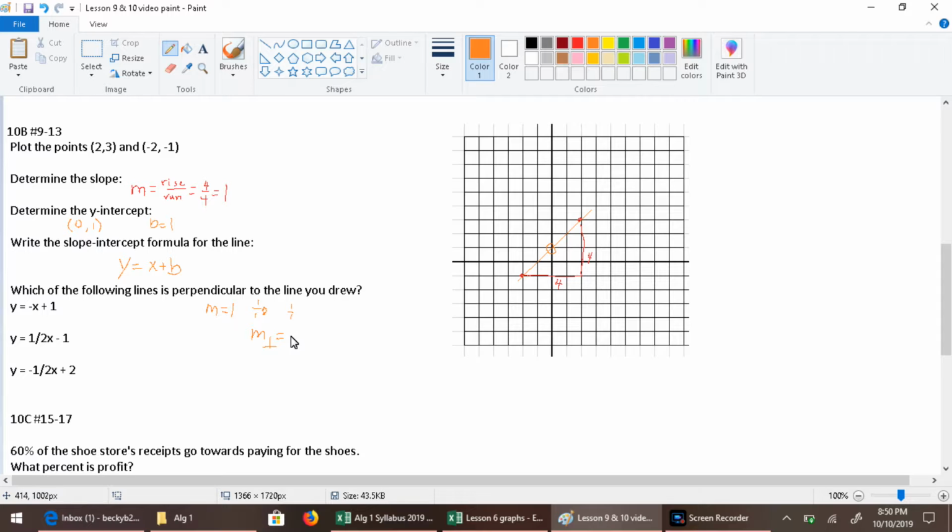And now we have to make it negative, so it's negative 1 over 1, which is just negative 1. So now we're looking for a slope that's negative 1. This is 1/2, this is negative 1/2, so this is the only one that's perpendicular to this line that we drew.